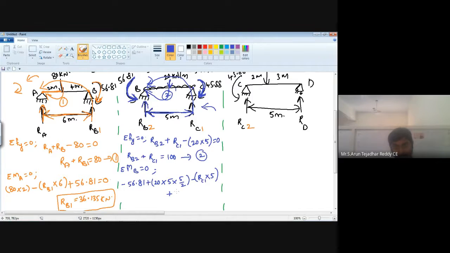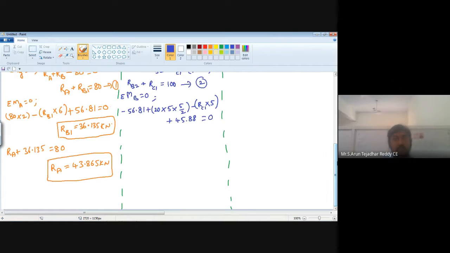Take positive. 45.88 is equal to 0. Now from this relation we'll get the RC1 value. All of you open your calculators, enter these values, then you will get the RC1 value. What is the value of RC1 here? 47.814 kilonewton.